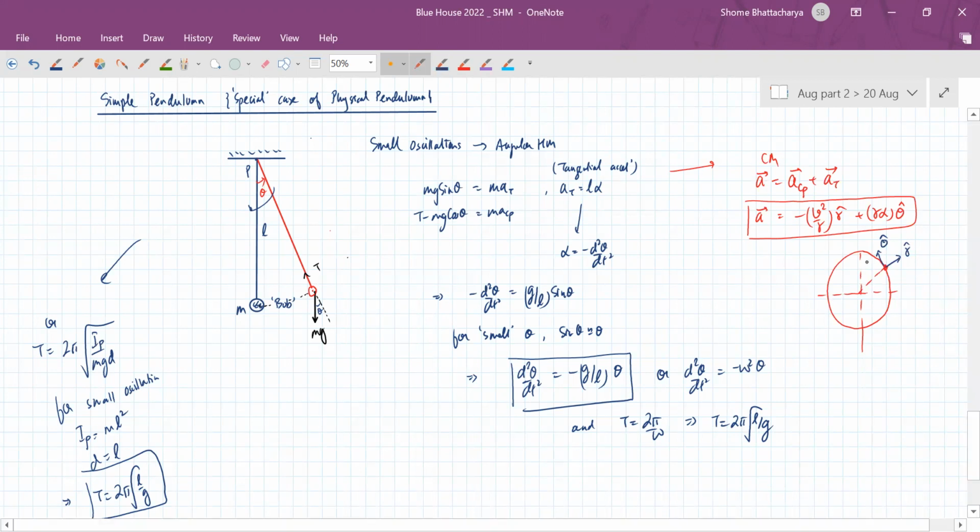Typically, if it is in non-uniform circular motion, the acceleration has both components. Whereas in uniform circular motion, alpha is 0. So there is only centripetal acceleration. There's no tangential acceleration.